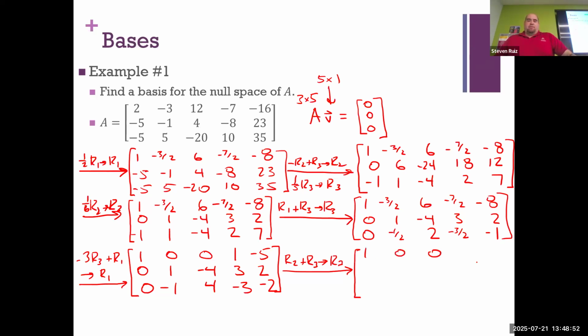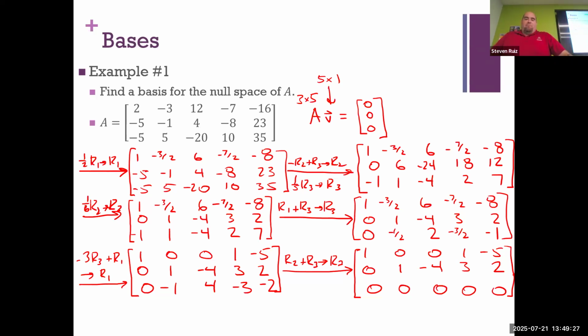So 1, 0, 0, 1, -5, 0, 1, -4, 3, 2, 0, 0, 0, 0, 0. What now? Can we do any more elimination? No, this is reduced row echelon form.